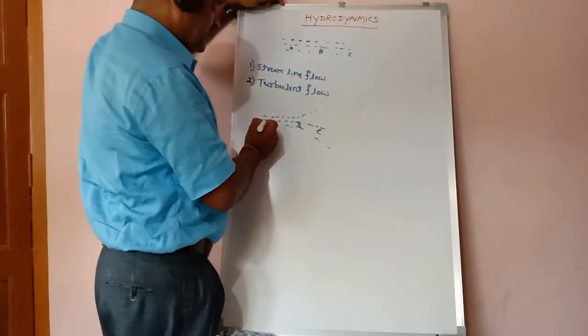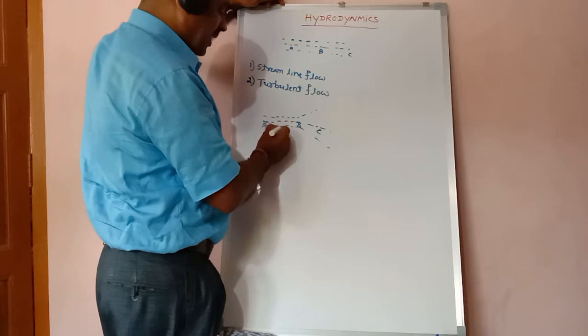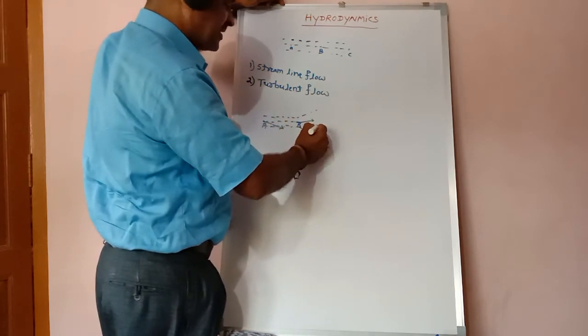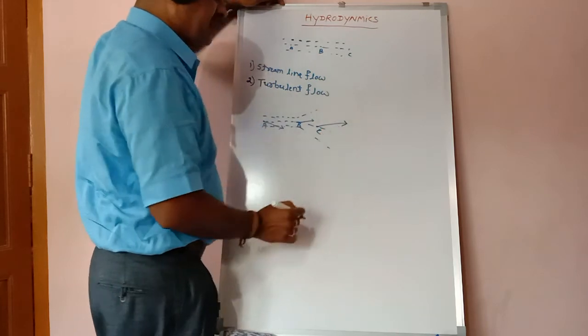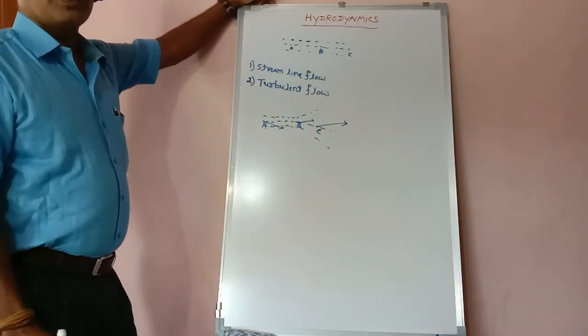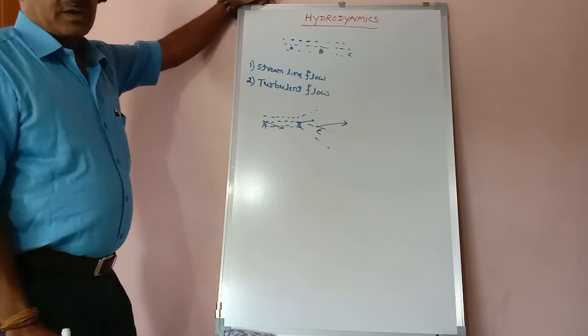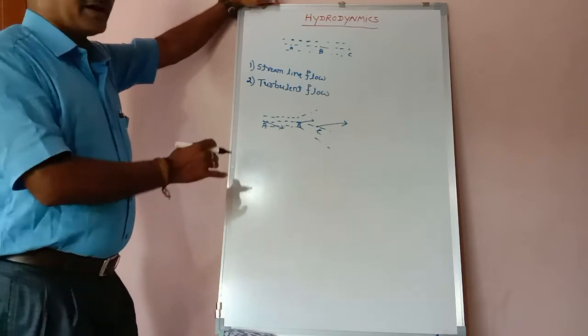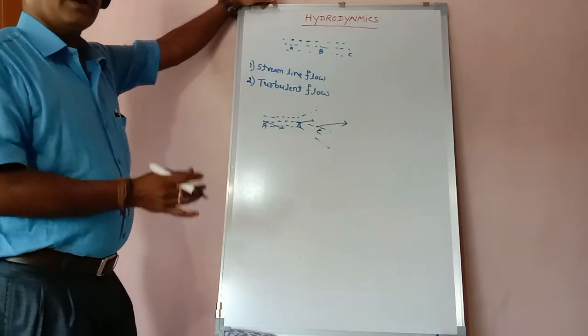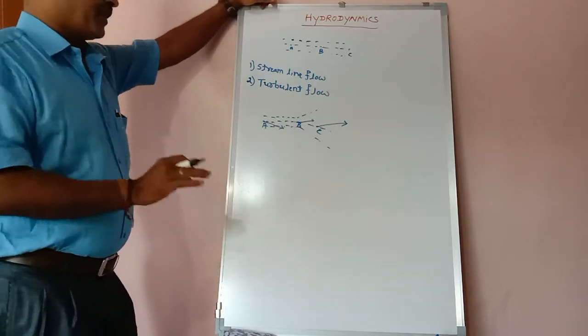Here a tangent is drawn at point A, this is point B, and this is point C. That gives the direction of the flow of fluid. So the flow of the fluid is in different directions at different points.